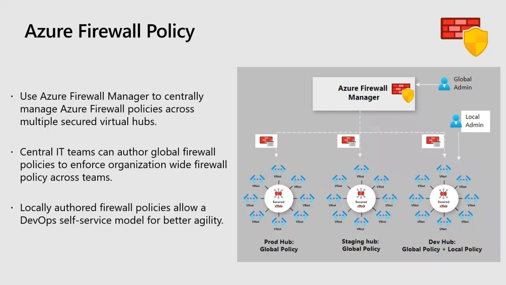The child policy can add additional IP addresses to the allow list, but it cannot override values from the parent. NAT rule collections aren't inherited because they have to have a specific public IP given to a particular firewall. So with inheritance, though, any changes to the parent policy are automatically applied down to the associated firewall child policies.